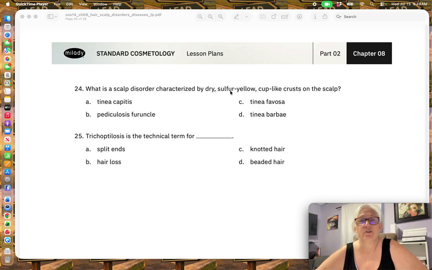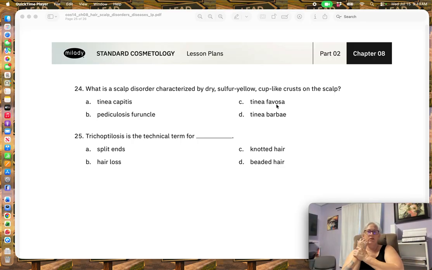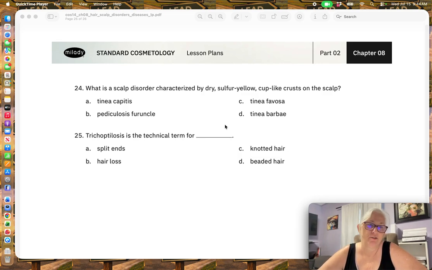It's not dry sulfur yellow cup-like crusts. Pediculosis has to do with lice. Tinea favosa, I believe, is your answer. Let's look. 24 is C, tinea favosa. That's the only one, and you're going to note it because it has the dry sulfur yellow cup-like crust on the scalp. None of the others are going to say that. So tinea favosa is your answer.